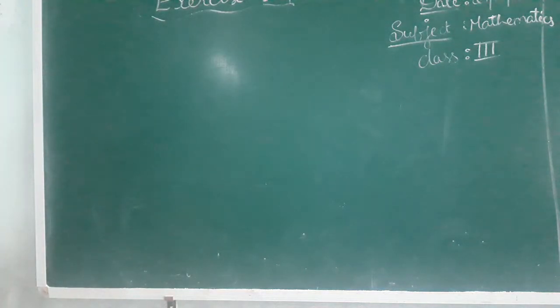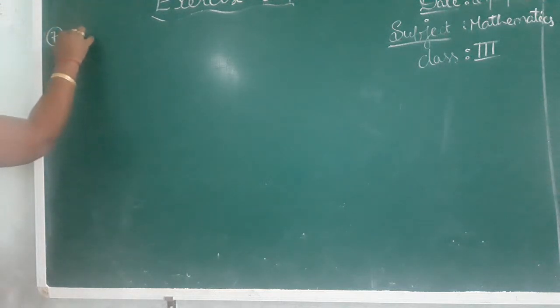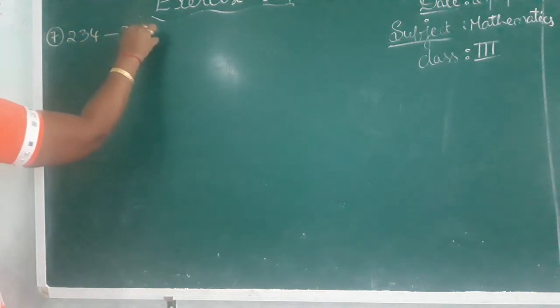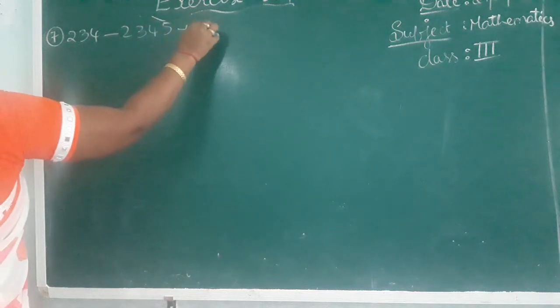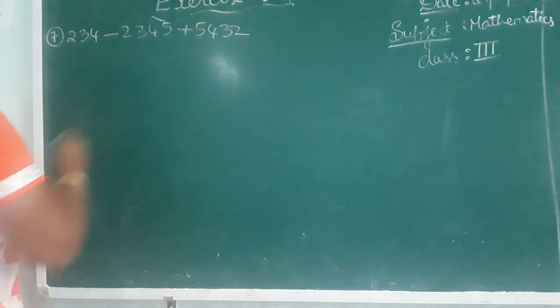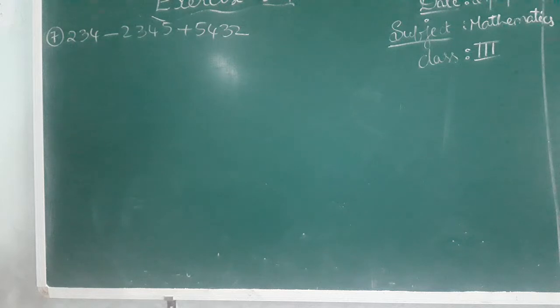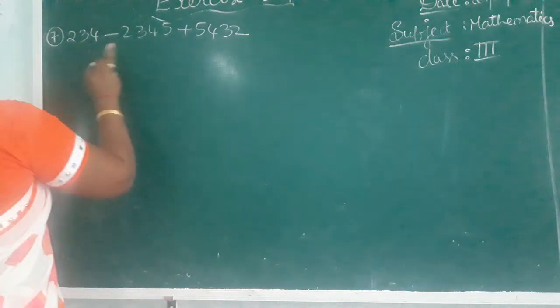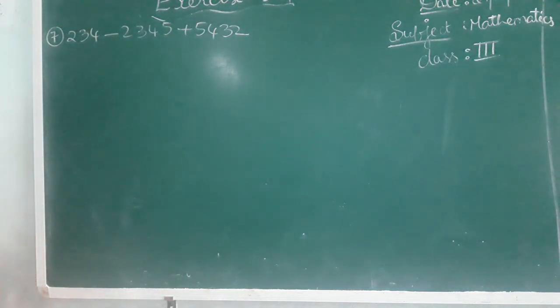Seventh one, children. 234 minus 2,345 plus 5,432. Okay, 234 minus 2,345 plus 5,432. Here 200s, 2,000s, not possible to subtract. So add the alternate numbers.